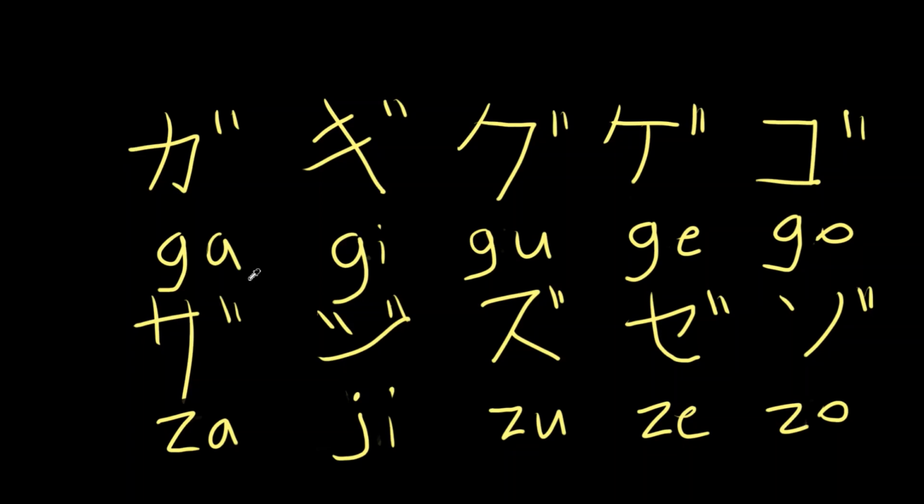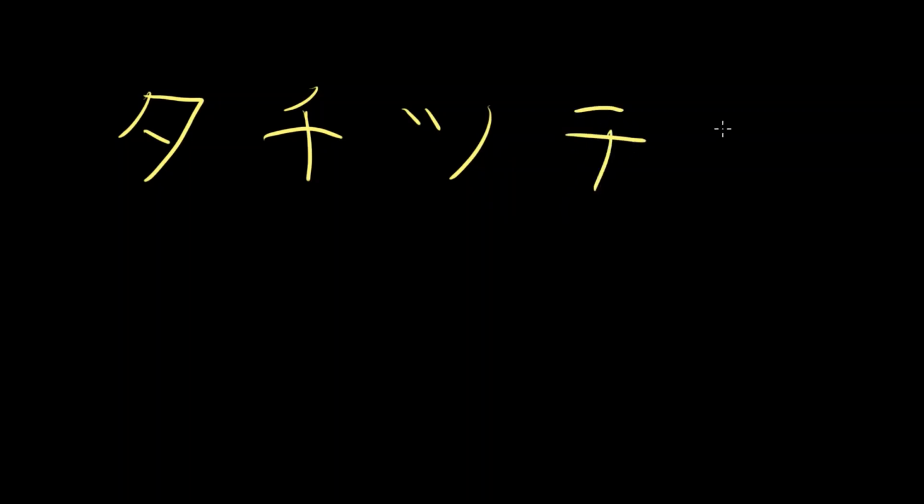Okay. Next line, the ta line. Ta, chi, tsu, te, to. Now you'll notice that this tsu kind of looks like shi, doesn't it?